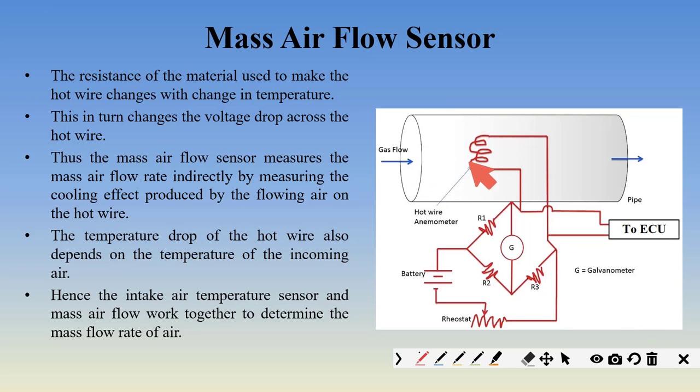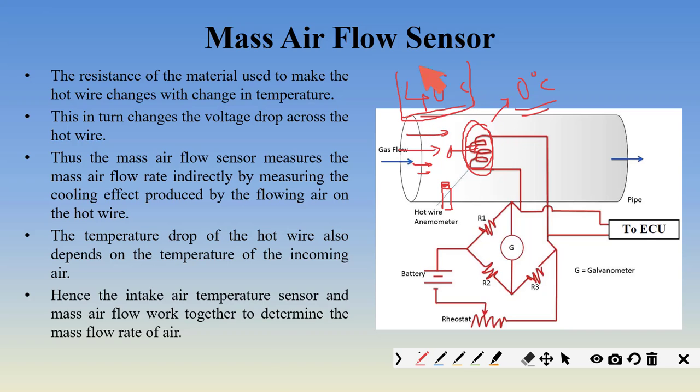But often with a mass airflow sensor, there is always a temperature sensor, right? What is the function of this temperature sensor? If there is air at 40 degrees Celsius and air at 0 degrees Celsius, with the same quantity of air flowing through this, the amount of cooling produced over here will be more at 0 degrees Celsius, because air at a lower temperature will absorb more heat.